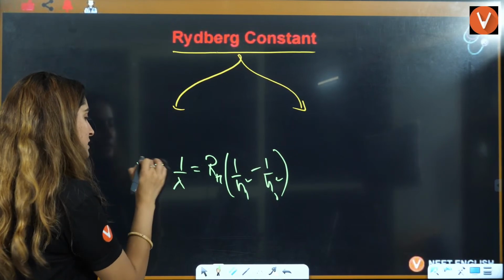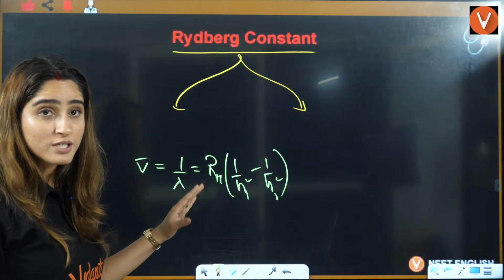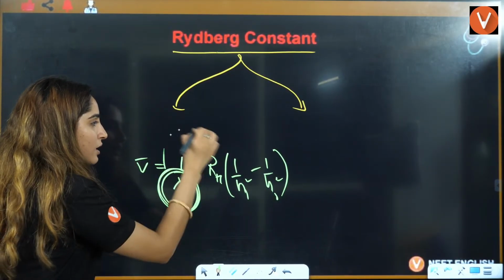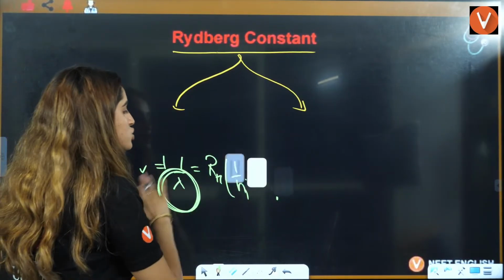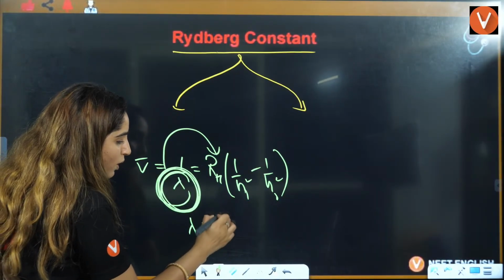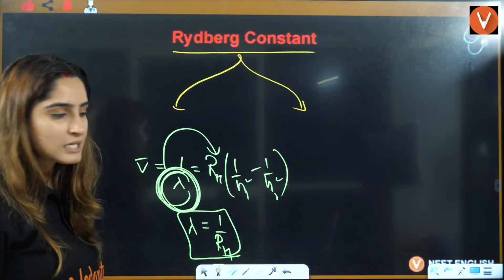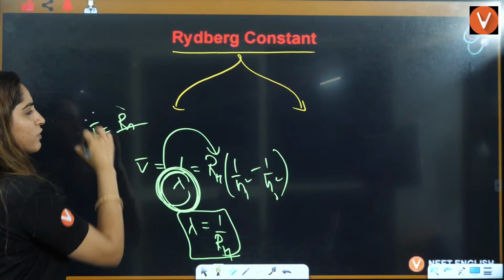Now, if they're asking the value of lambda, don't worry if you don't know this till now, we will use this formula. If they're asking the value of lambda, then you should also know the value of 1 by R_H. If they're asking the value of wave number, then the value of R_H will work.